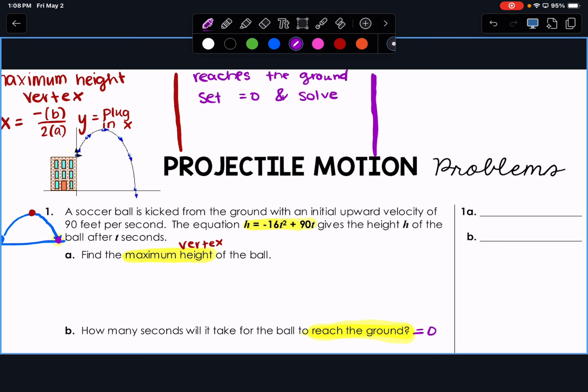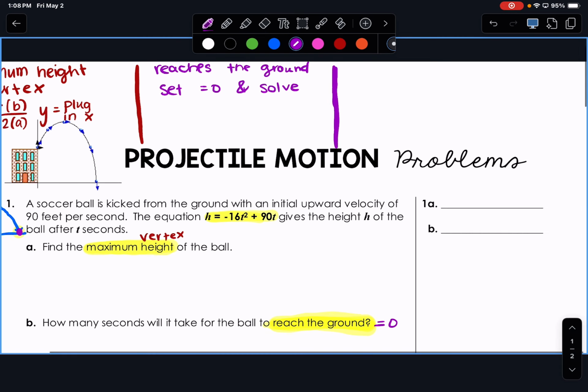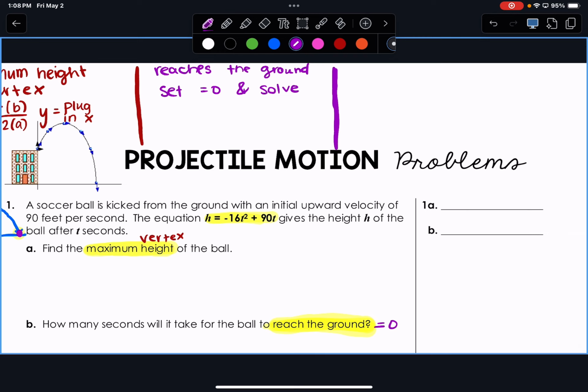The last thing that I want us to put at the top of this paper, our key information, is something that goes against how we've done all of the other problems. Every single equation up to this point, we have simplified it. We have left it as a radical or as a fraction, correct?